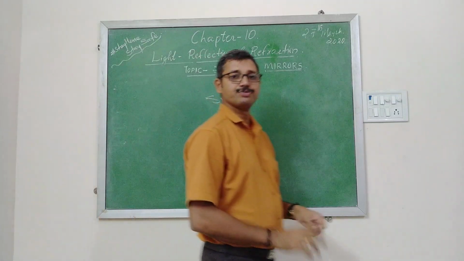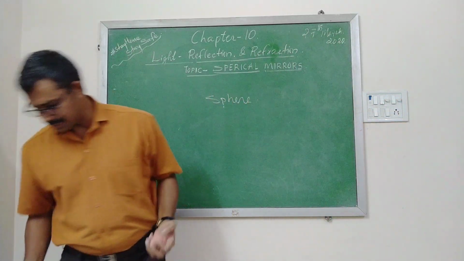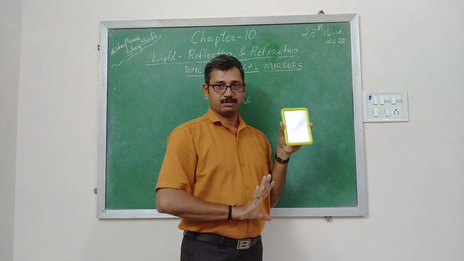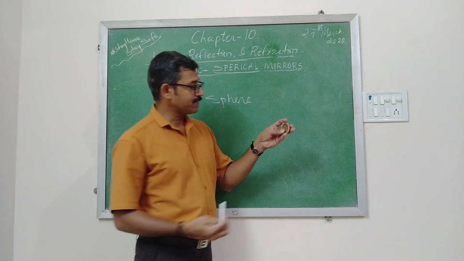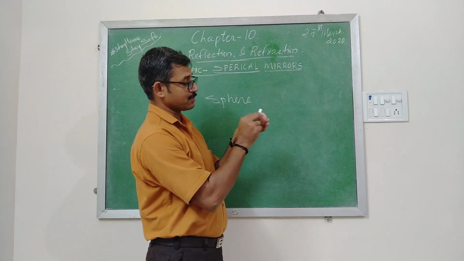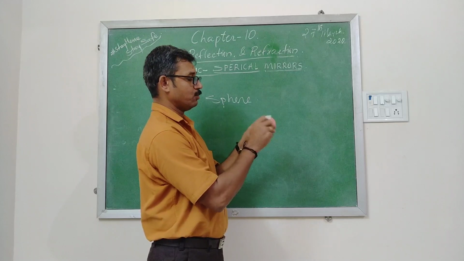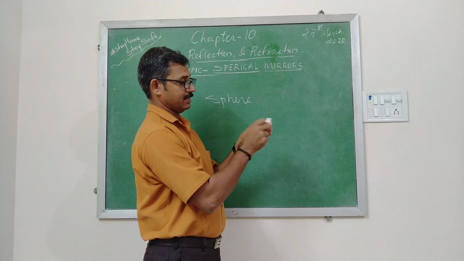Now suppose, as with a plane surface where one side is coated, here I am going to coat the outside surface with aluminium, silver or anything like that.